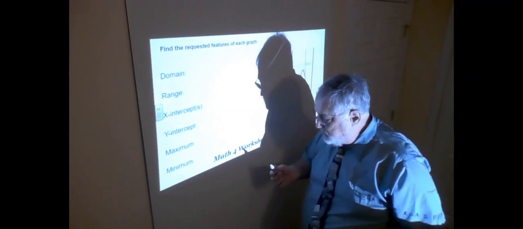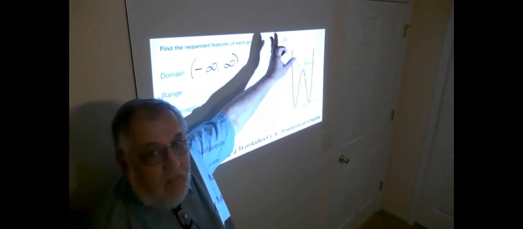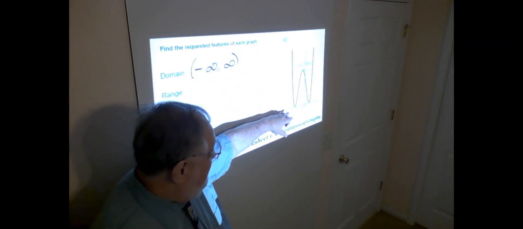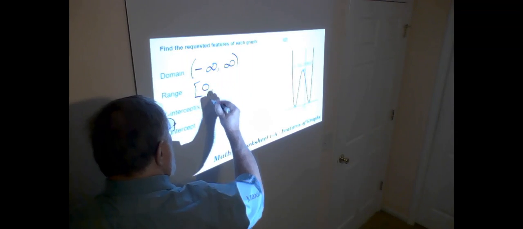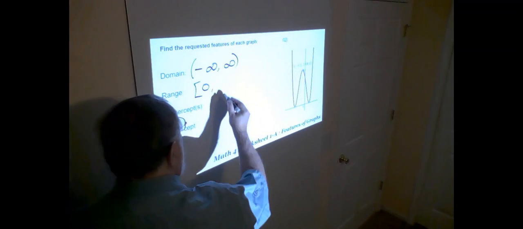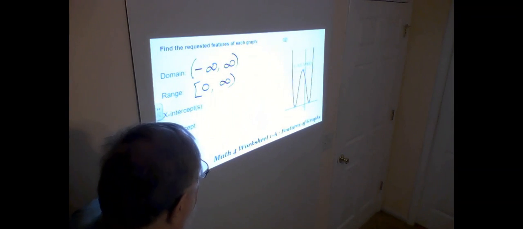So the domain is still going to stay, well, the domain is going to be negative infinity to positive infinity. The range, the y's are going up, but they don't get any lower than 0. So the range is going to have 0 as a definite low point and infinity as its infinite high point.